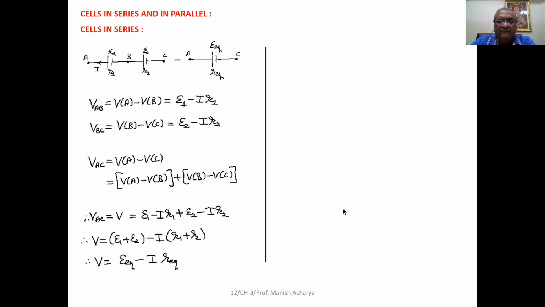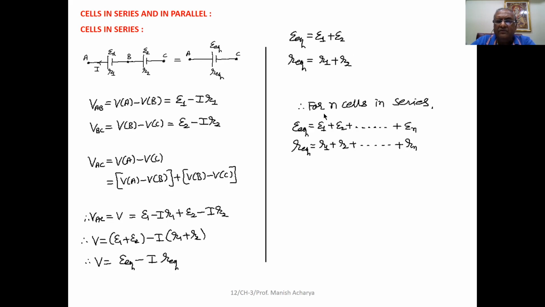So here E equivalent is equal to E1 plus E2, and R equivalent is R1 plus R2.